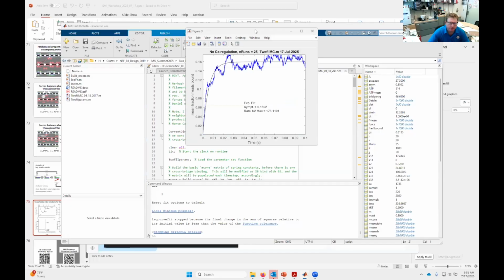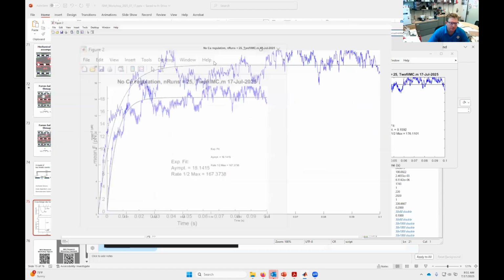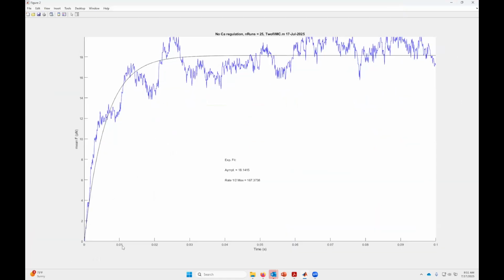I don't know how well you can see these. Do you want me to make them bigger? Yeah, bigger would be a little better. This figure has to do with the mean force that's produced. The reason I say mean force is that, as I'll show you in a moment, I run the model over and over again and then average the forces across each run.